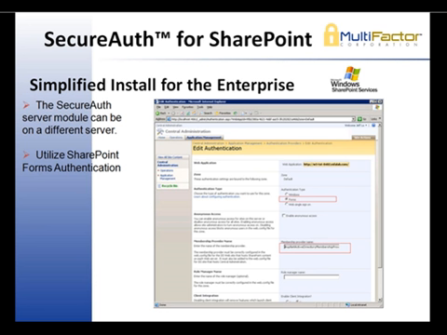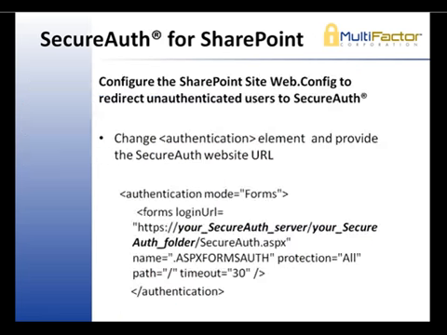Next, we'll go down a little bit and look for the membership provider name. We will change the membership provider name to either SQL Server or Active Directory so that SharePoint will be in sync with SecureAuth and both parties know which data store each other is using. After that, we'll save it, and that's it for the console.